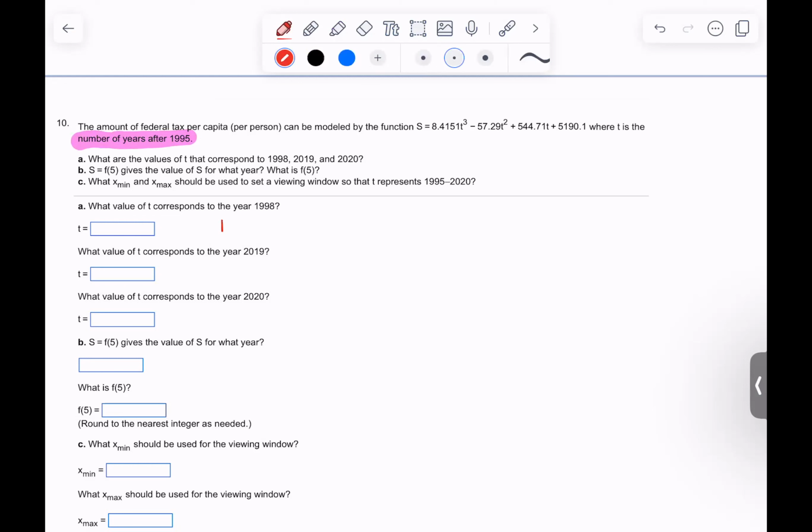Well, 1998 minus 1995 is 3. So t would be 3. What would be 2019? Well, 2019 minus 1995 would be 24. And what value of t corresponds to the year 2020? 2020 minus 1995 would be 25.